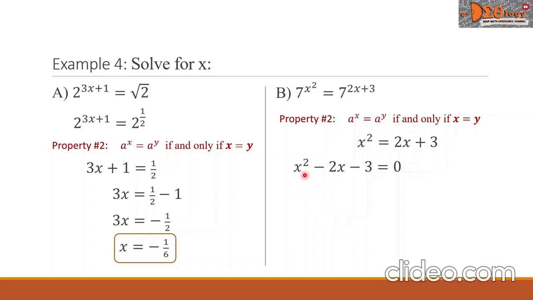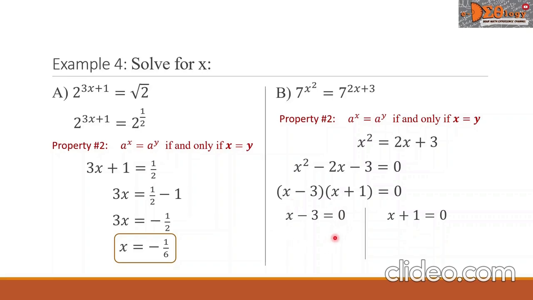So the factors of x squared minus 2x minus 3 are x minus 3 times x plus 1, equals 0. Next step is we equate each factor to 0. So we have x minus 3 equals 0, then x plus 1 equals 0. Let us solve for x respectively.